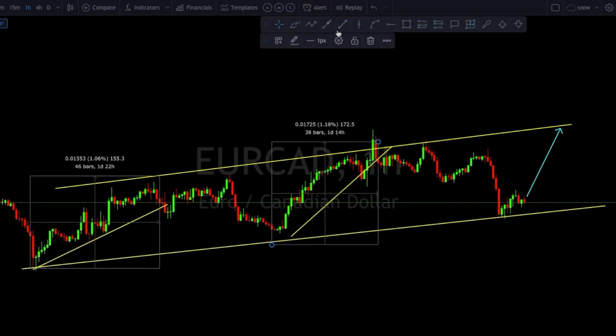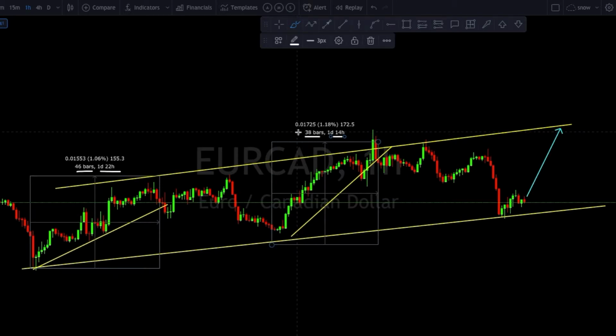If you look at this pattern, you can see here it took 46 bars and 1 day and 22 hours for this trend to reach up here. And then this one took 38 bars. It was 1 day and 14 hours.